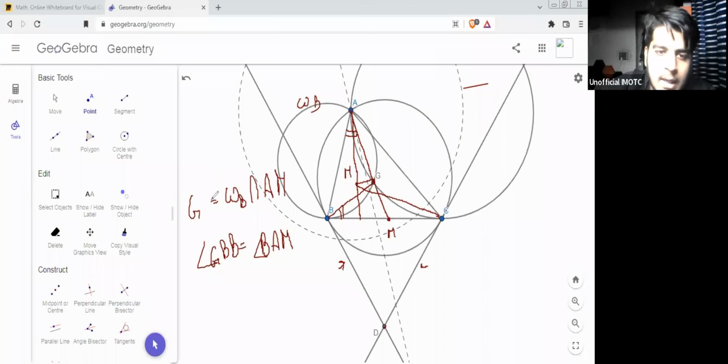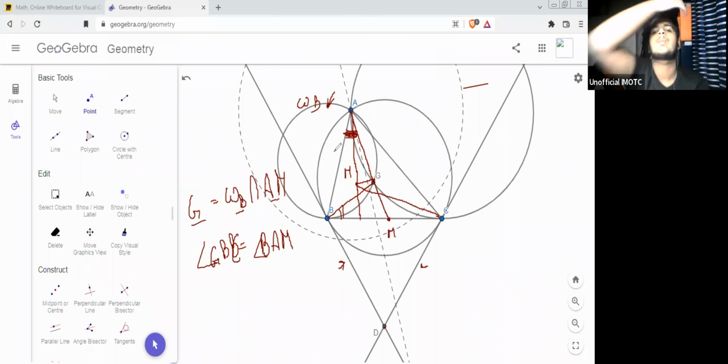So I was trying, let's call this circle omega b, and let's define G as omega b intersect AM, right? Then we have that this angle GBC equals angle BAM. Do you see why? Like this is tangent, right?